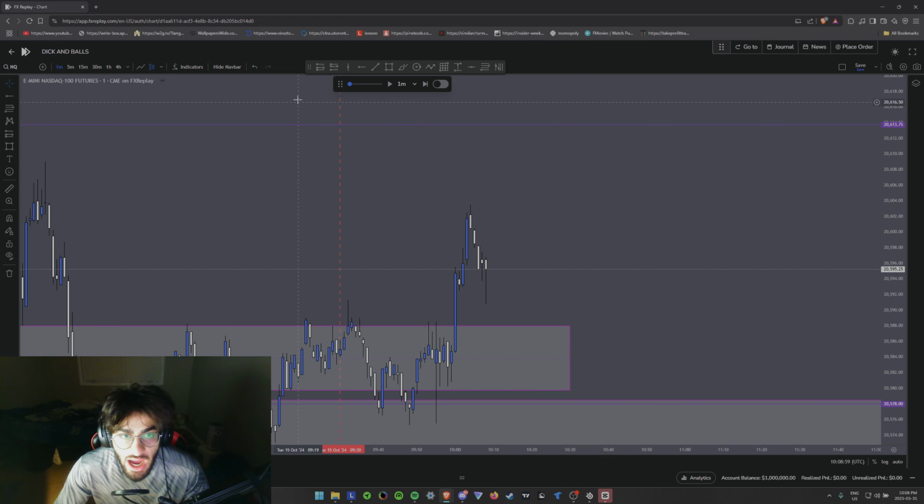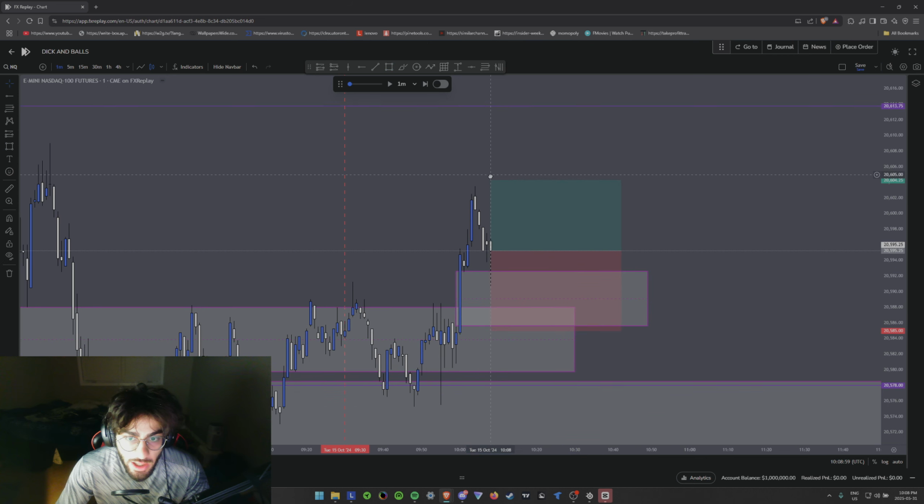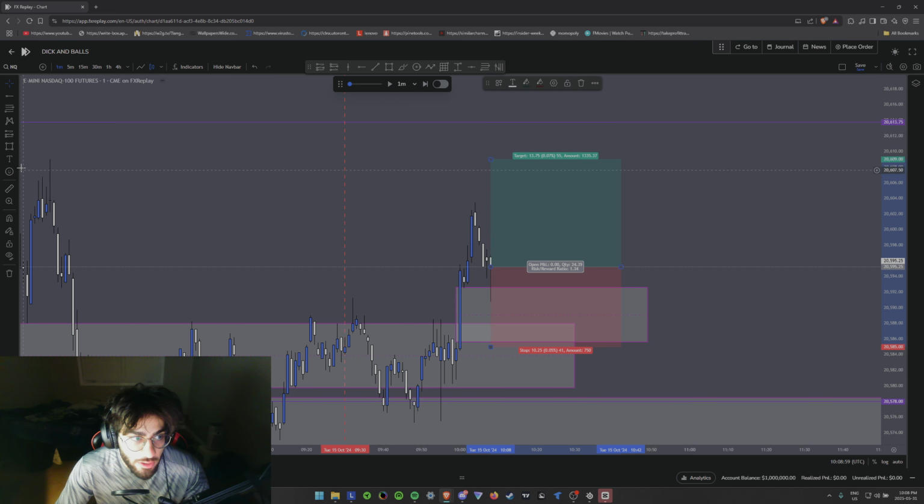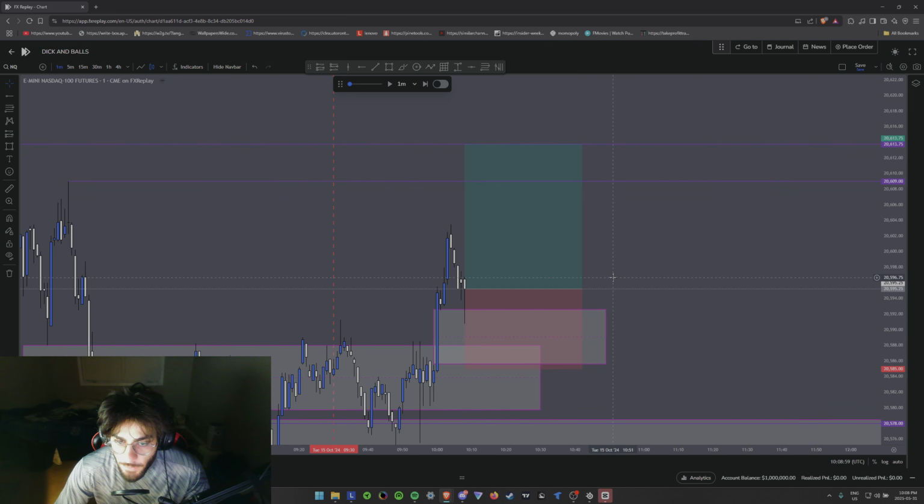Insane reaction. I would be interested in a trade where I would have my stops below the 1 minute fair value gap that got formed, and or take profit at the liquidity pool, either here or here. Maybe I would partial out here and break even my trade. I'll explain what that is later.